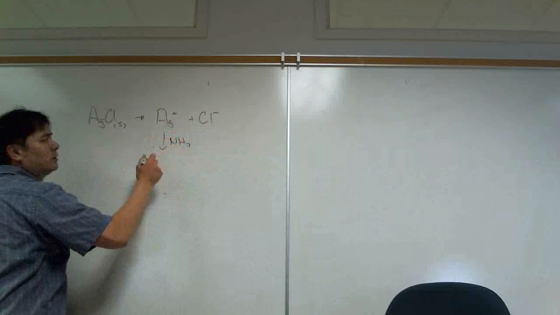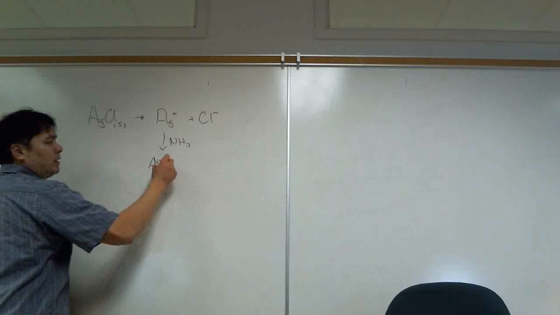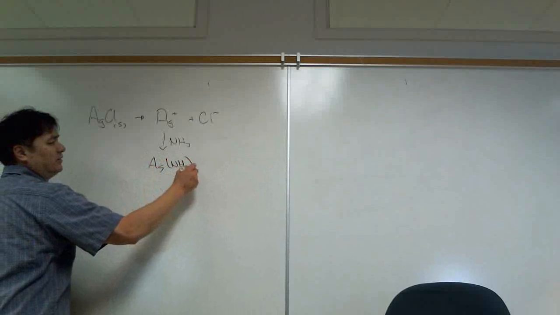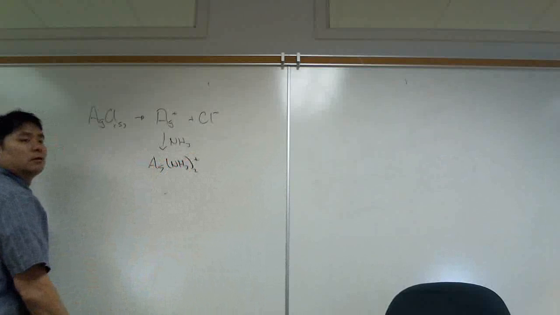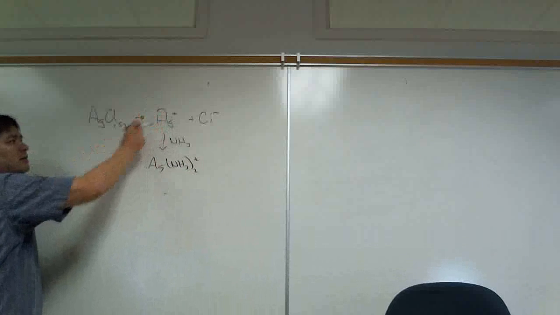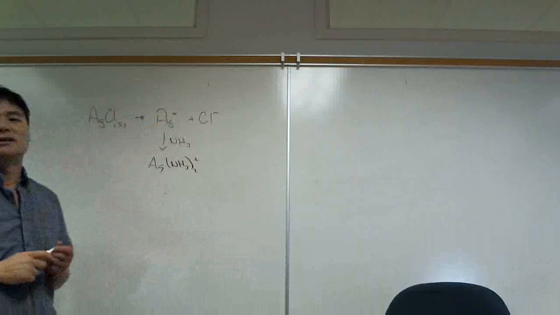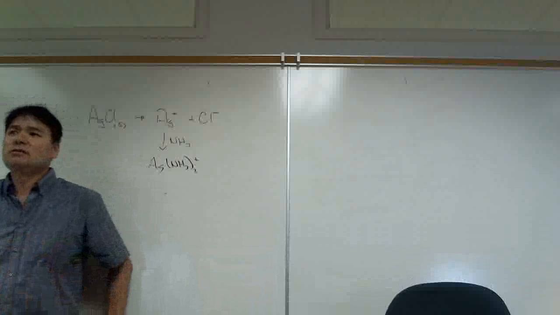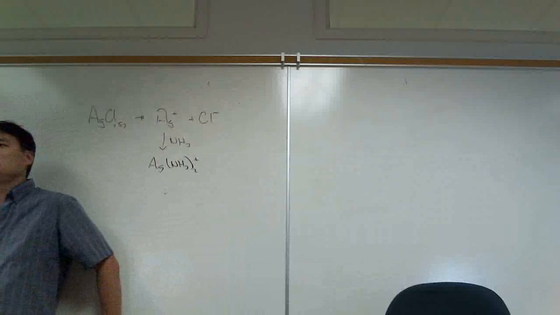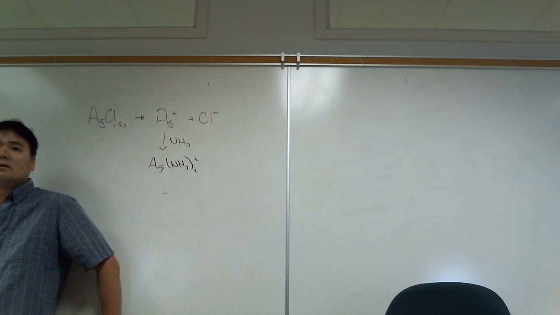This is what I wrote on the qual. Do you guys remember writing this equation out? Yeah, ammonia is going to attack the silver ion, thereby decreasing the silver ion concentration, shifting this to the right. So what else attacks? That's what will dissolve silver chloride. It's an easy thing to do if we have other things that will attack it, right?